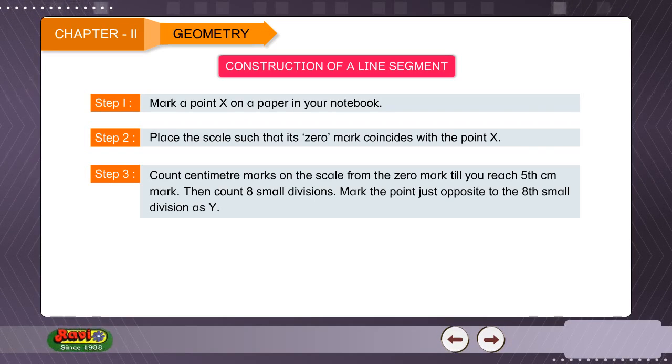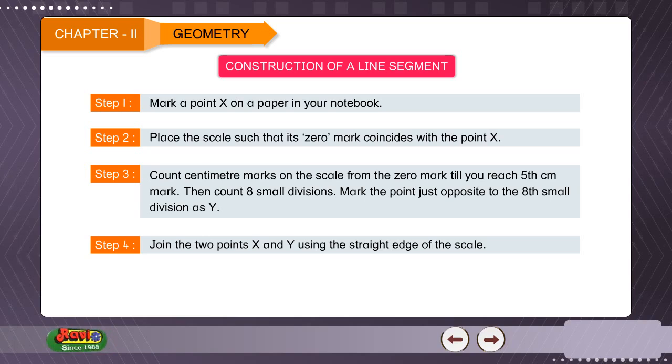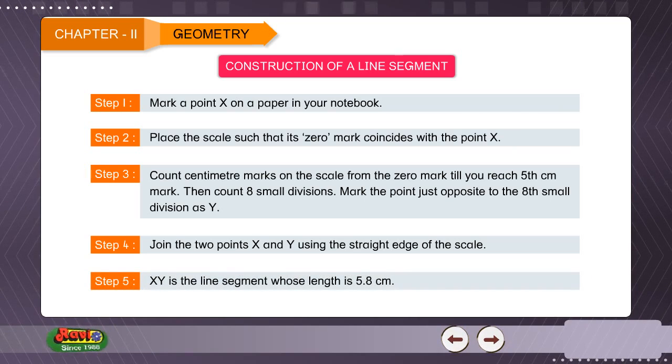Mark the point just opposite to the 8th small division as Y. Step 4. Join the 2 points X and Y using the straight edge of the scale. Step 5. XY is the line segment whose length is 5.8 centimeters.